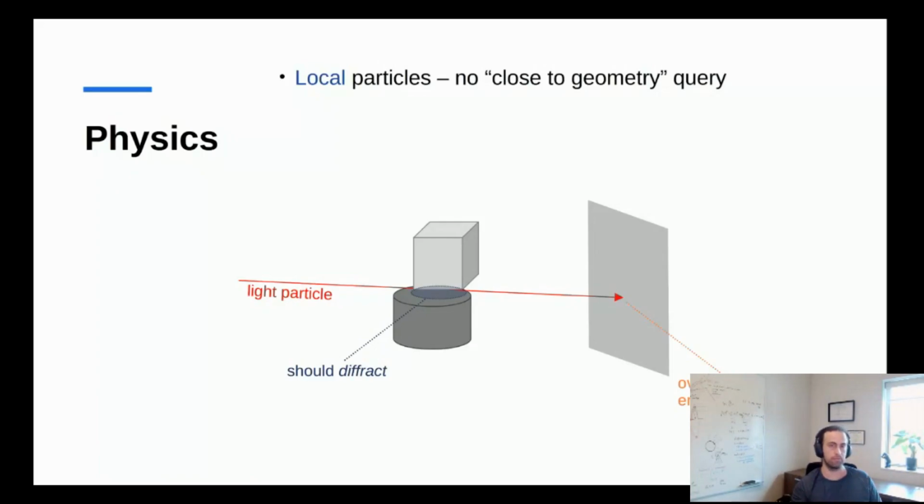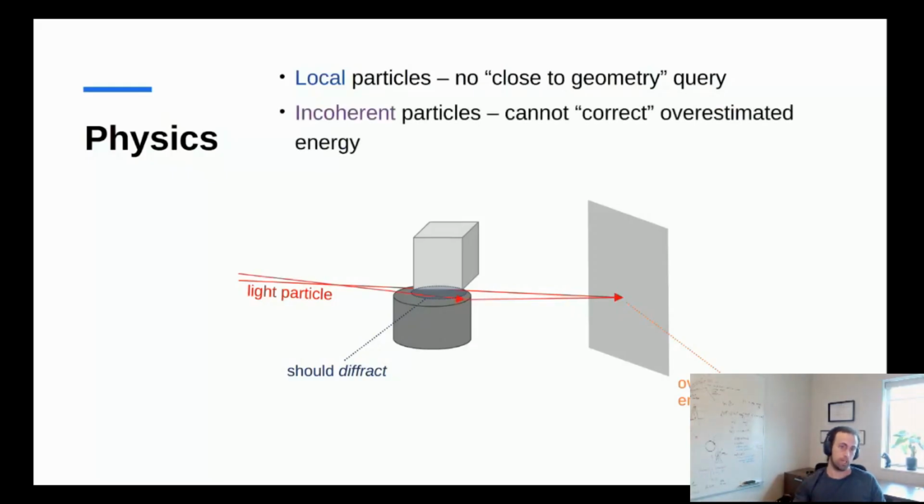Interactions are done at a point. Once that particle has passed through the opening, it would impart overestimated energy upon the target. Without incoherence, if we did not have incoherence as a property, we could use other particles to correct this error via destructive interference. And indeed, some frameworks do just that. But in an incoherent framework, there's nothing we can do. And once that light particle passes through the opening and imparts overestimated energy upon the target, our simulation is wrong.